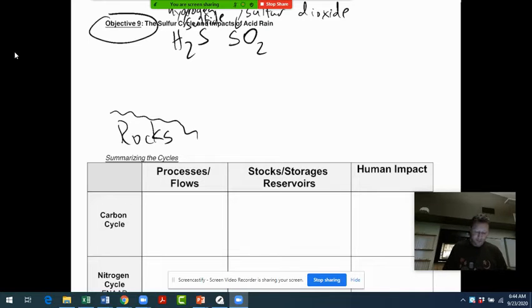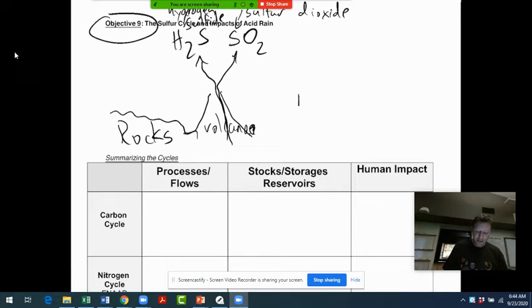Well, there's a couple of different ways, but to break it down to the essential things you need to know, sulfur is released from the Earth's crust. One of the major ways, and you can smell this if you go to a volcano, is through volcanoes. That releases SO2 and H2S.